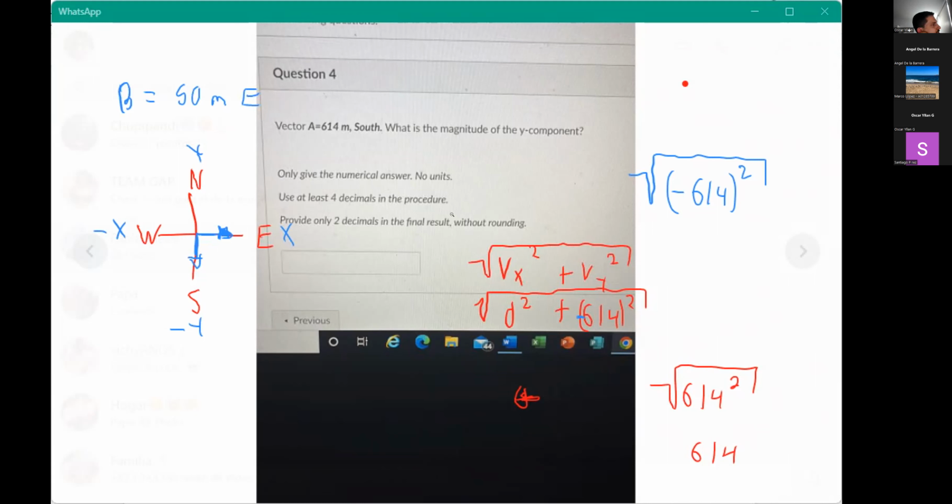No. It's the same with the south. Does it have any x component? No. So that's why Vx in this case is 0. So the answer is 614. Yes.